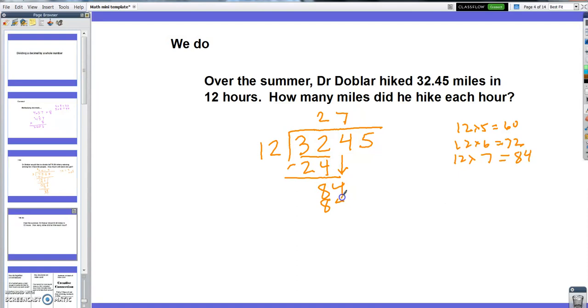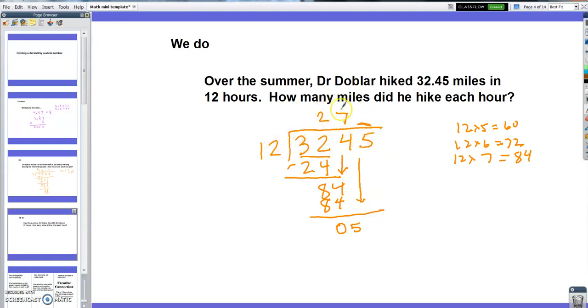Now this was something that came up a lot in examples that confused a few of us. When I do 0 here, I bring down my 5. 12 cannot go into 5, correct? So a lot of times I would catch somebody who would just stop here. They'd say, well, I'm done. I'm not actually done because I still have to have a number here, right? In my long division, I've got to have a number over my last digit.